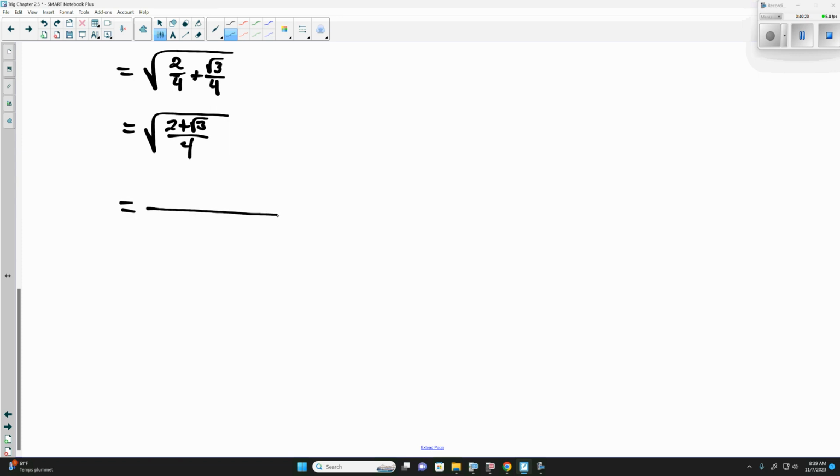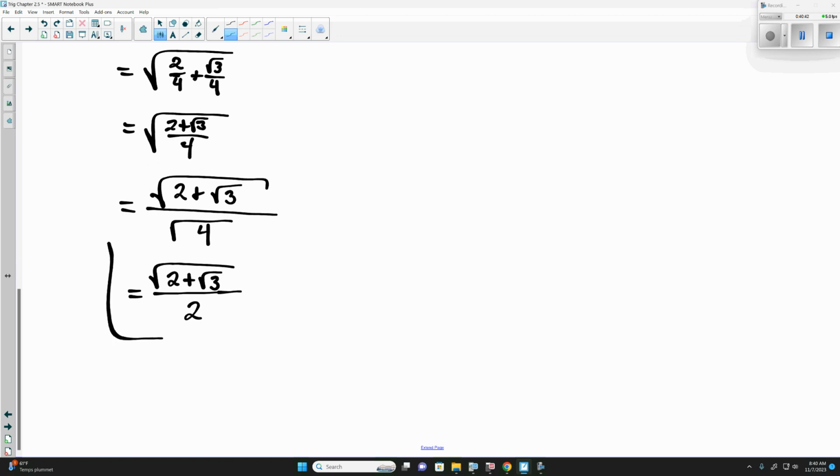And to simplify it, one of the properties of radicals is that we can take the square root of the numerator over the square root of the denominator. And this works out nicely, because the square root of 4 is indeed 2. And according to the formula, the sine of 105 is this here: the square root of 2 plus the square root of 3, over 2.